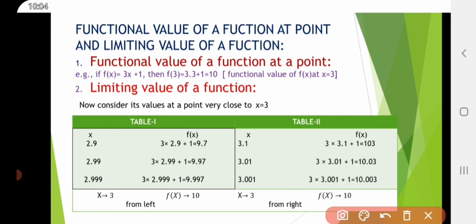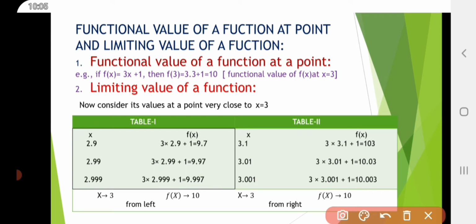So here you see, if x is equal to 2.9, then the value of the function is equal to 9.7. If x is 2.99, then the value of the function is 9.97. If x equals 2.999, then f of x equals 9.997.